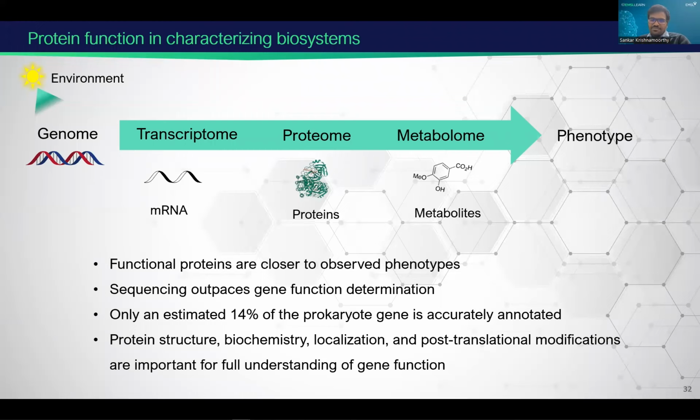However, there is a disconnect there because those provide a relative abundance of, for example, the proteins. But since the proteins are the closest in dictating the phenotype, you want to have better understanding of the protein function at a given time or in a given environment.